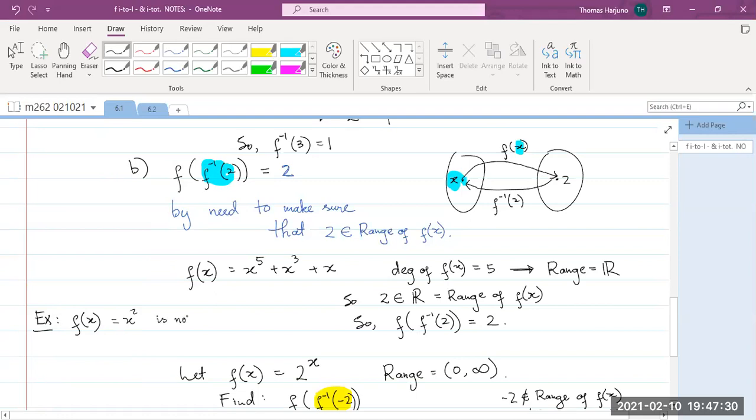But if you restrict the domain, let's say f(x) equals x squared for x less than or equal to -1, then it is one-to-one. So one way to make a function one-to-one is by restricting the domain.